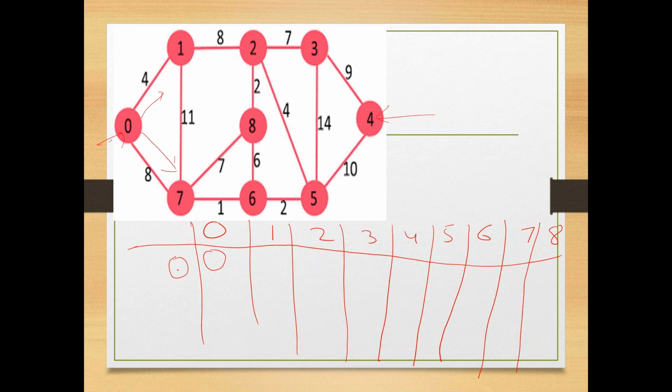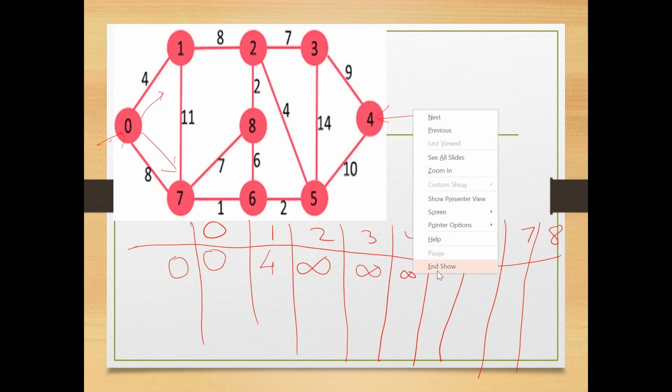If I start from node 0, to reach node 0 the cost is 0. To reach the first node, the cost is 4. To reach node 2, it's not directly accessible, so we will have infinity. Can we reach 4? No, we cannot.